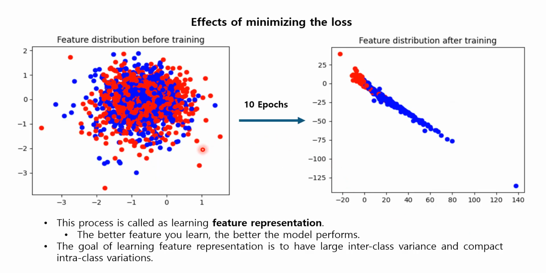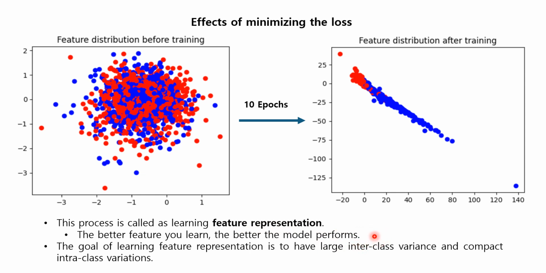The left figure shows the distribution before training, and through the training process, the intra-class points cluster together. The right figure shows the feature distribution after training, and this process is called learning feature representation. The better features you learn, the better the model performs.